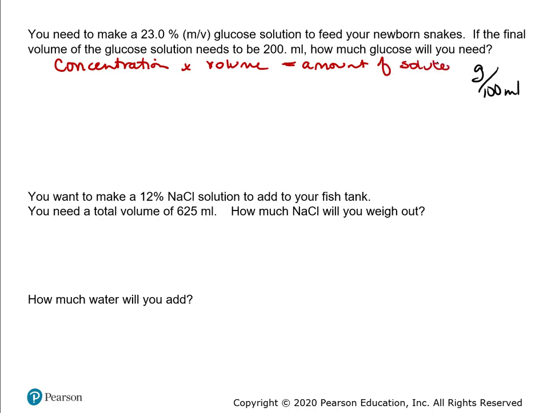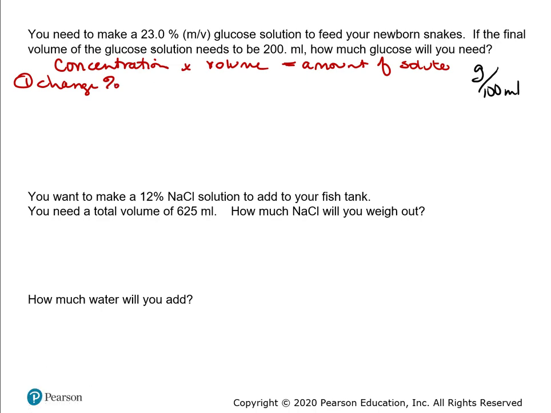But in here, our concentration is percent. So unlike molarity, where you change it to moles per liter, you need to change that percent to what it means. The percent in this one is mass to volume.